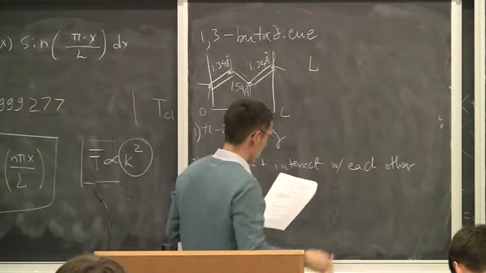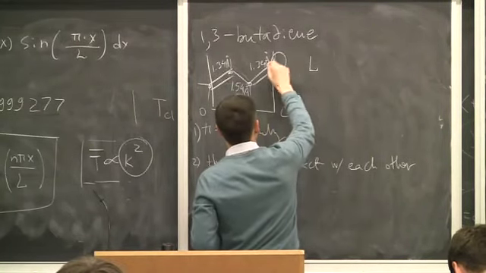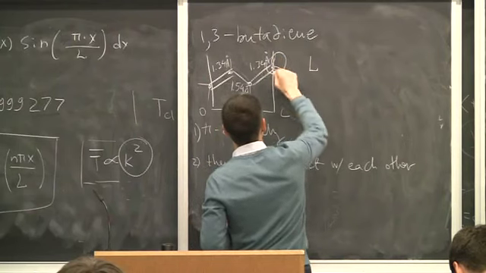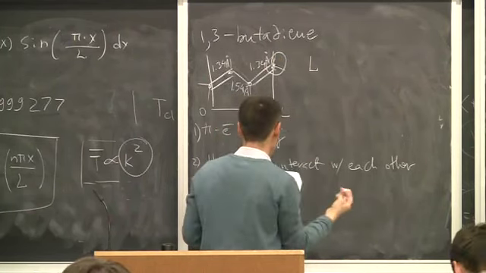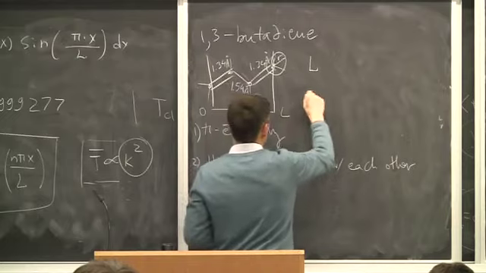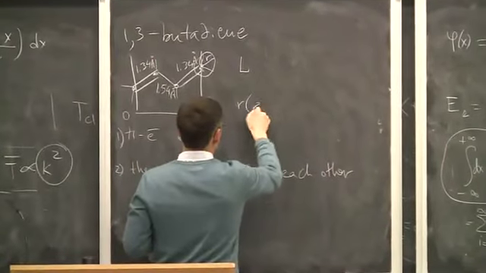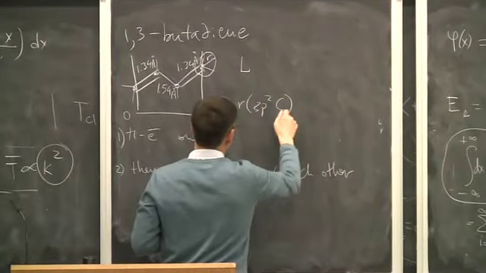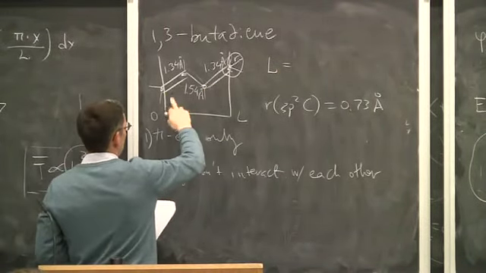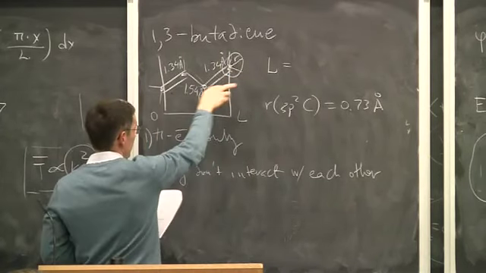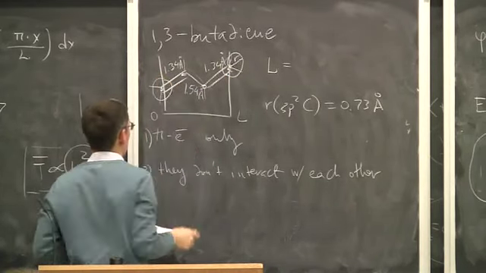And then also, the last carbon atoms are considered as spheres with radius r, the radius of sp2 carbon equal to 0.73 angstroms. So in order to get the box size, we need to add 2 double bonds, 1 single bond, and 2 radii of these sp2 carbon atoms.